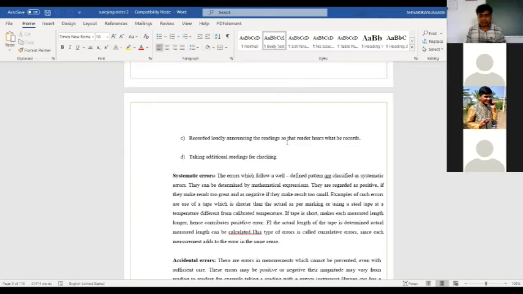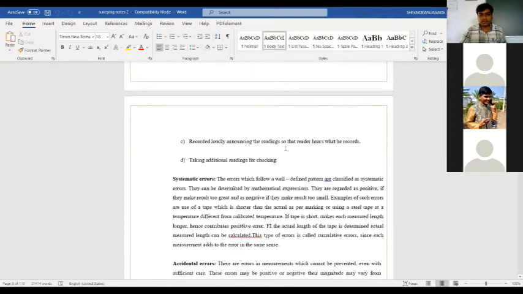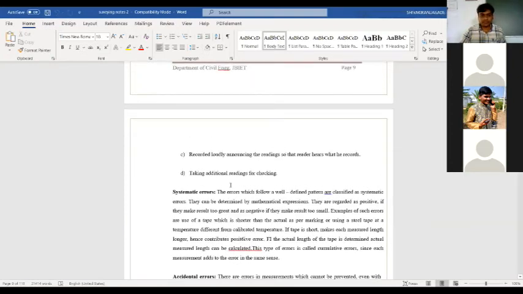If that assistant is staying somewhere far away from his location, he has to read loudly. So whatever he hears, due to some error in hearing, there may be a chance of writing mistakes in measurements. Okay, so that is the third case.